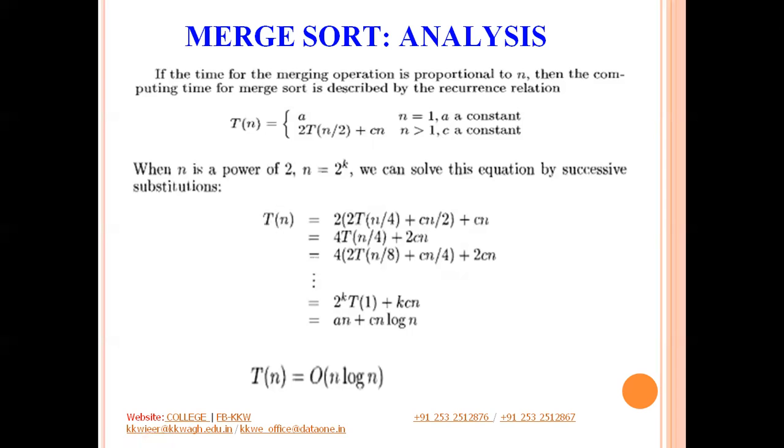Now the final question that comes is, we have seen that whenever we are analyzing any algorithm, there could be a best case, an average case, and a worst case. We have talked about the worst case complexity. Now what is actually the best case, worst case and average case with the merge sort algorithm?